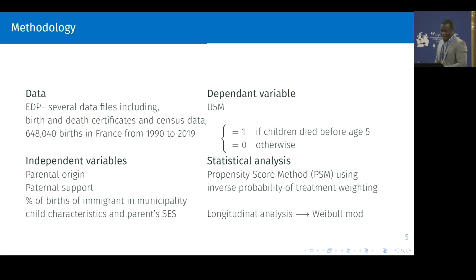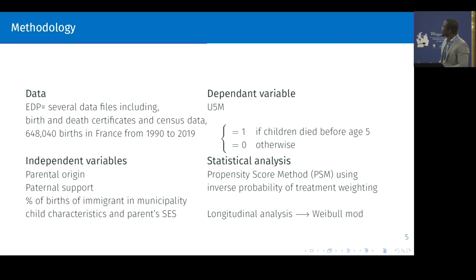Alongside this variable, we adjust for paternal support, which indicates if the name of the father has been registered in the birth certificate with his date of birth. We also use the percentage of birth of immigrants in the municipality and census characteristics and parental socio-economic status.